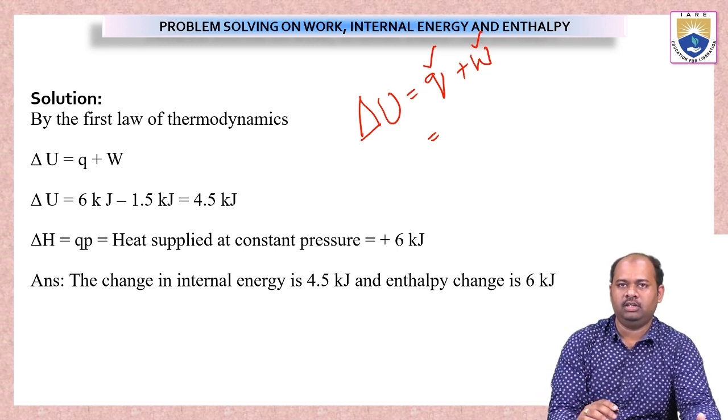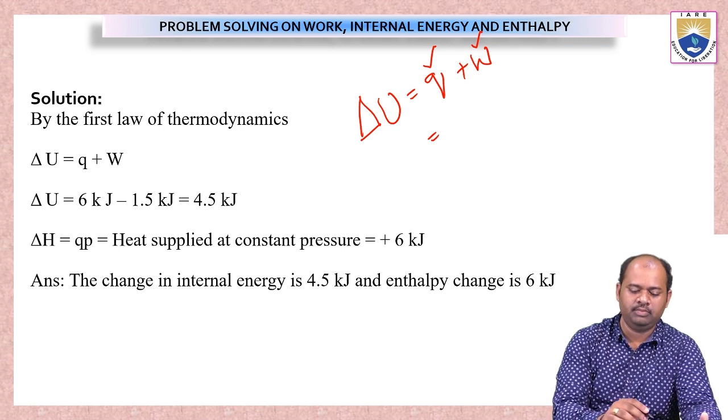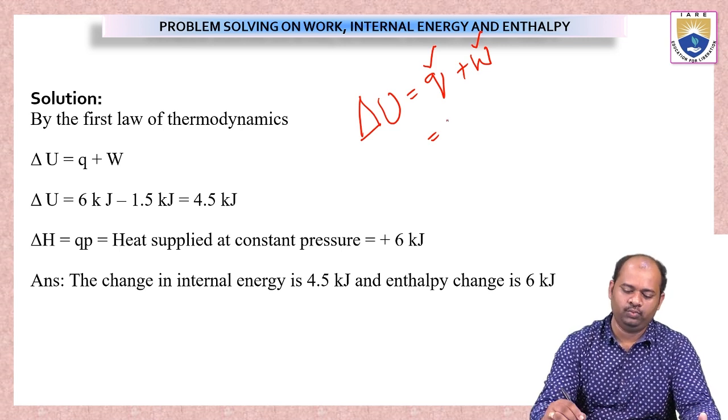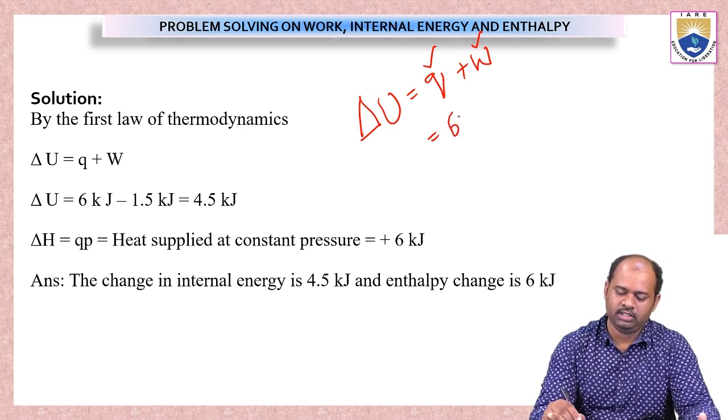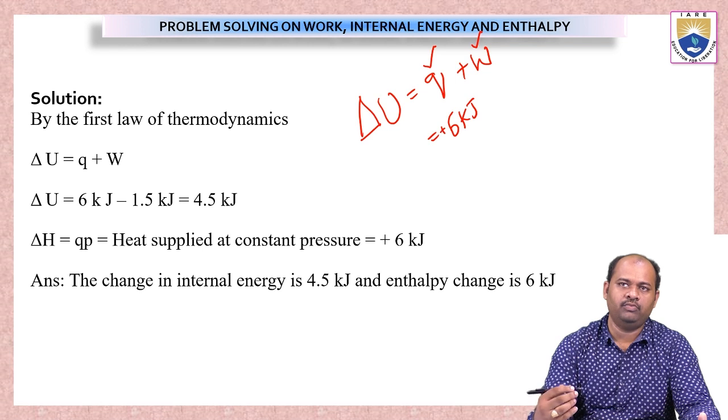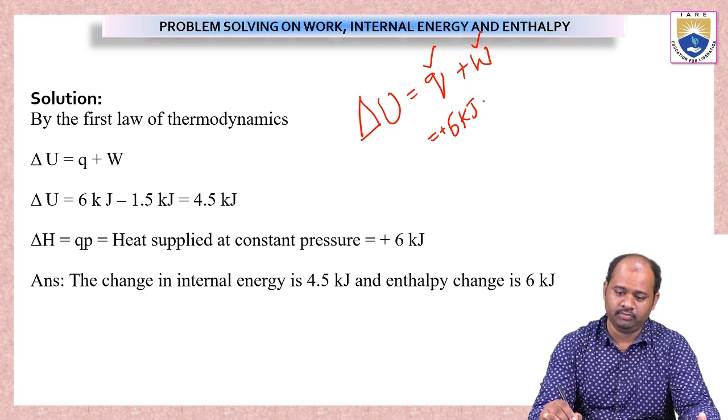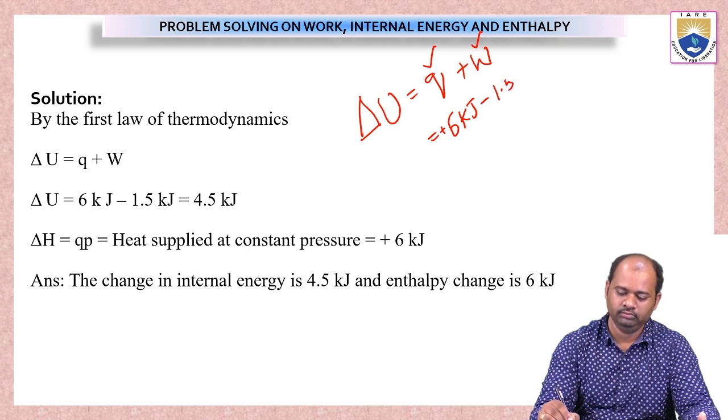Now from the given data, we can simply write Q is equal to 6 kilojoules. So this is the heat added to the system, so we are taking it as positive. If the heat is removed from the system, we will take a negative sign, and the work done by the system is taken as negative, which is 1.5 kilojoules.